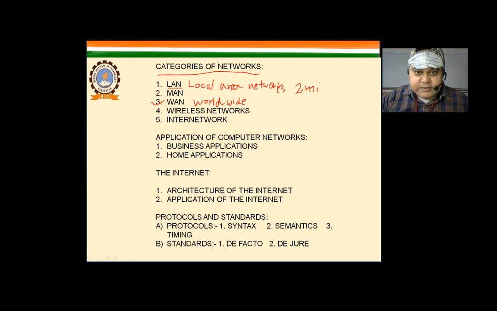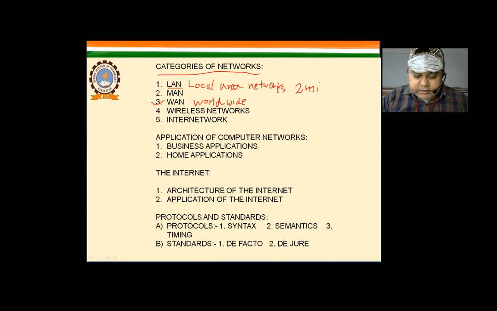As the name suggests, LAN is a locally operated network. And when we see the globe of the earth, there are so many different countries, so many people, and around them they have very huge networks. So we have a special type of network called WAN, worldwide network.